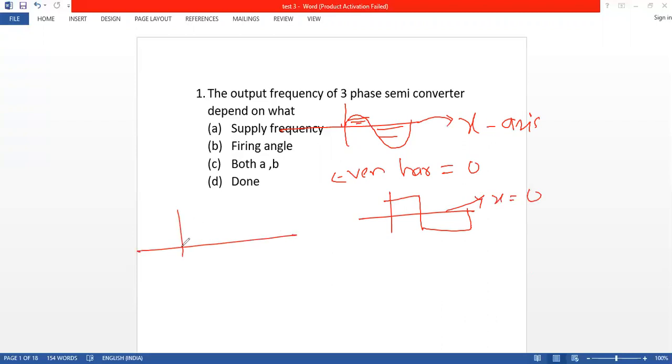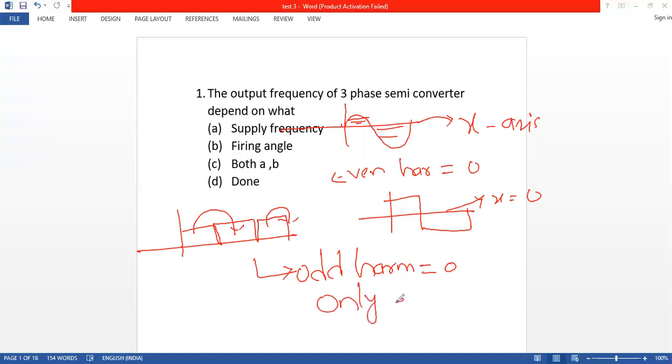If it is like this, then it is symmetrical in another way, and then odd harmonics are 0. Only even harmonics exist. Point number 2, you have to observe that in this case only odd harmonics exist. In this case only even harmonics exist.